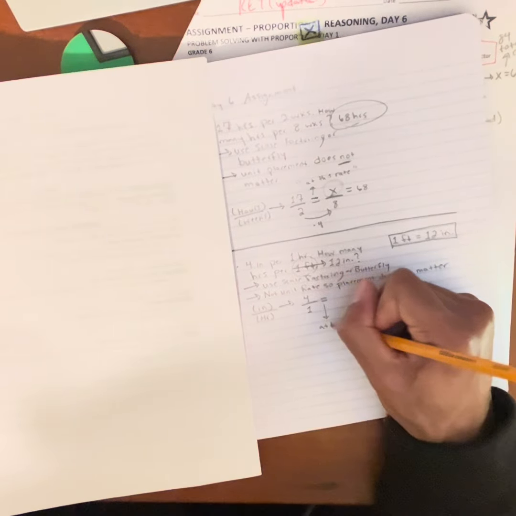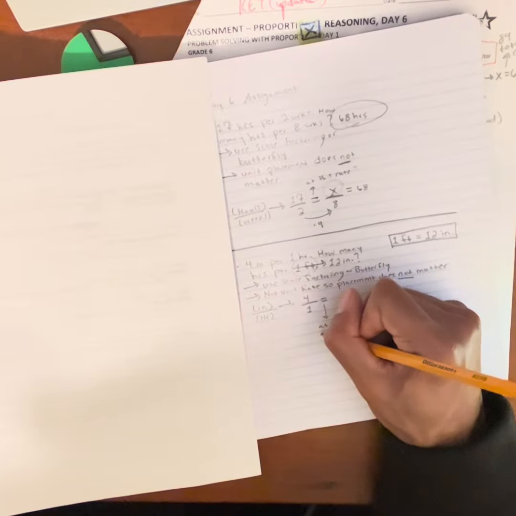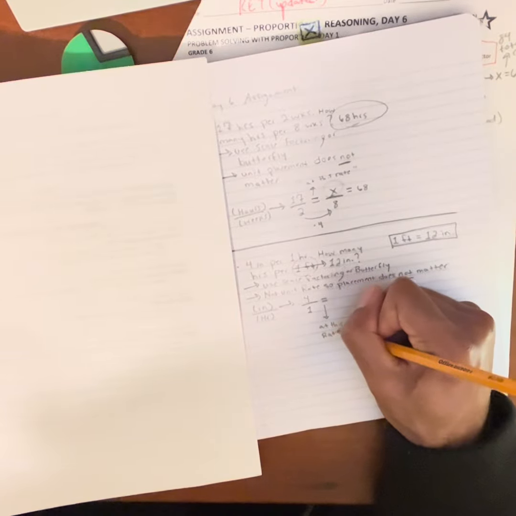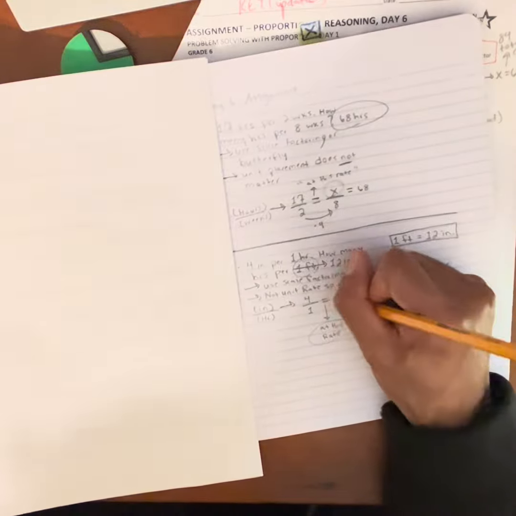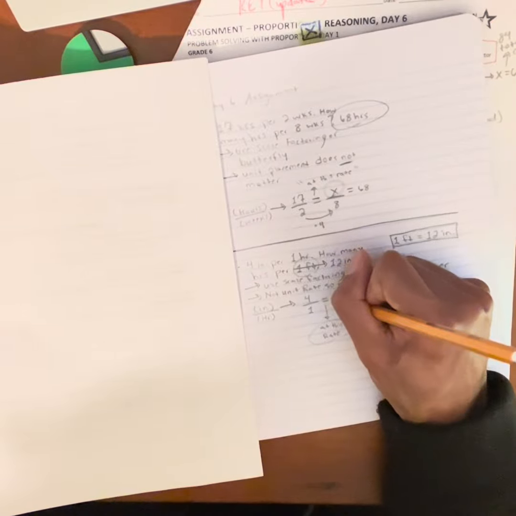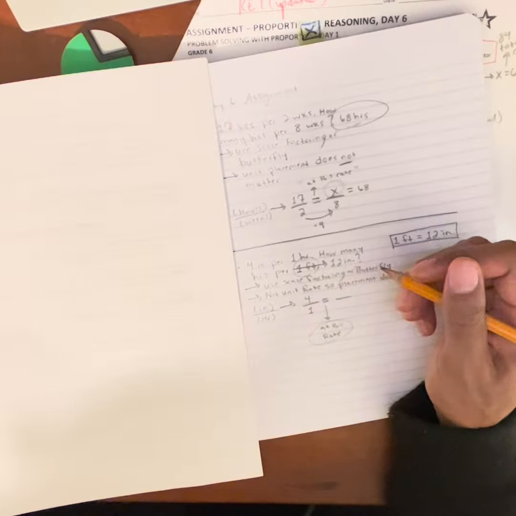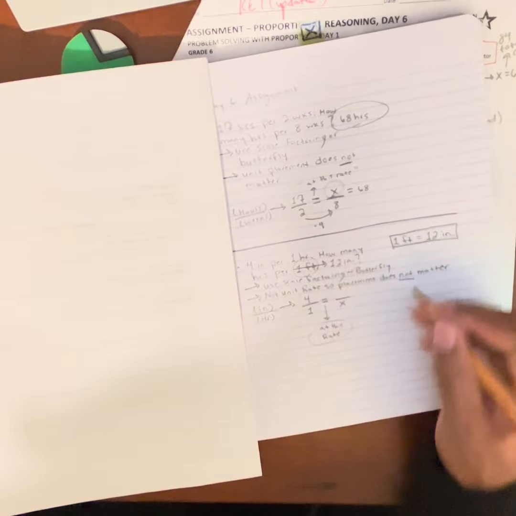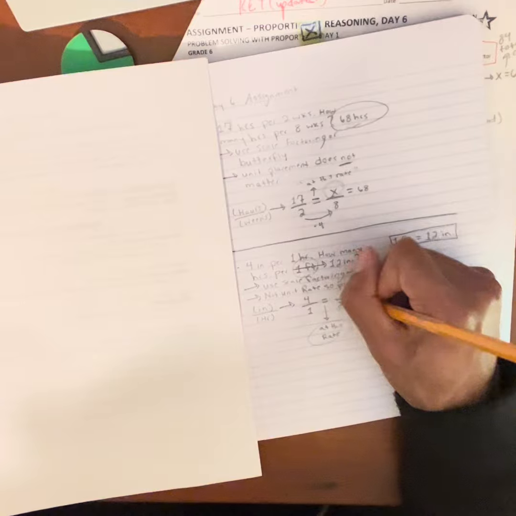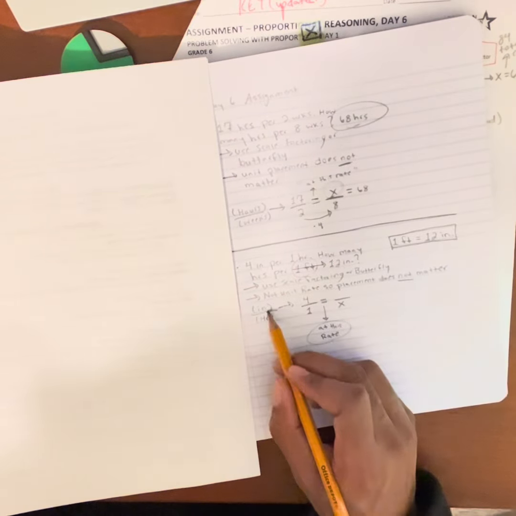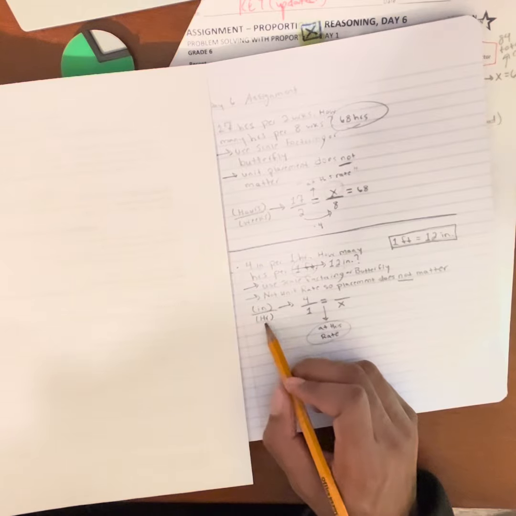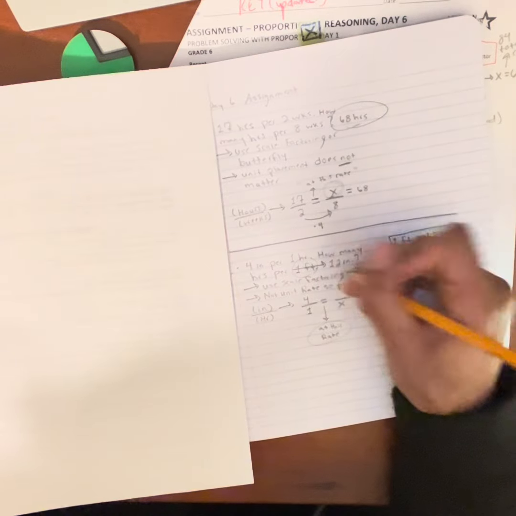At this rate, how many hours, we don't know it, per 1 foot or 12 inches. Because see how I don't have a feet unit in here, so that's why I converted it.